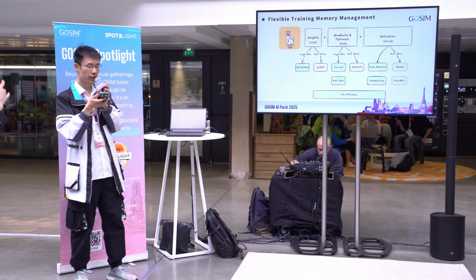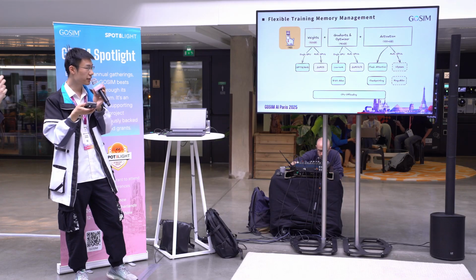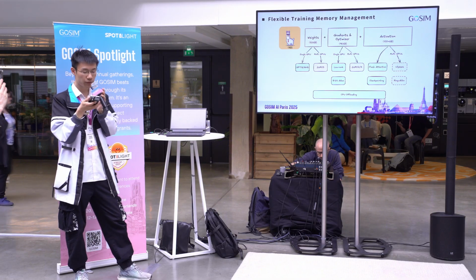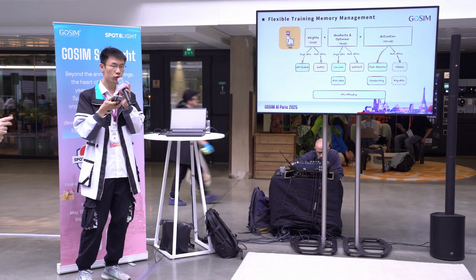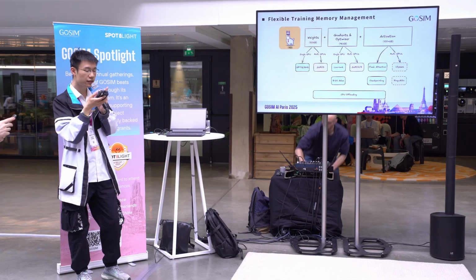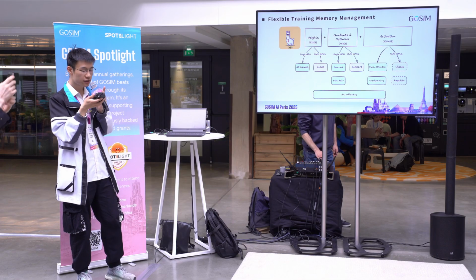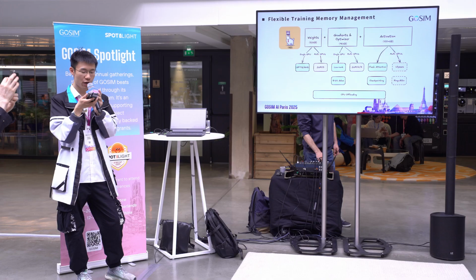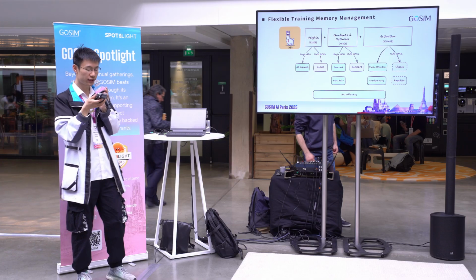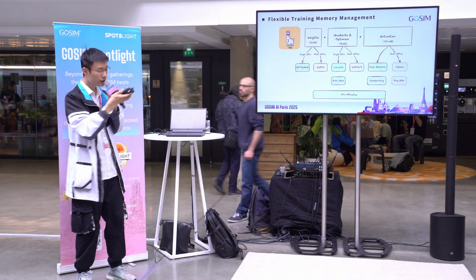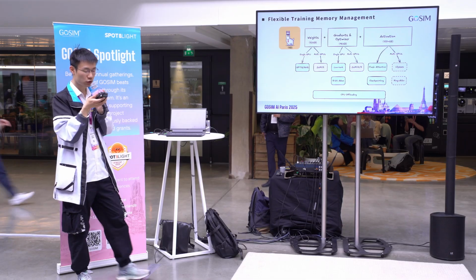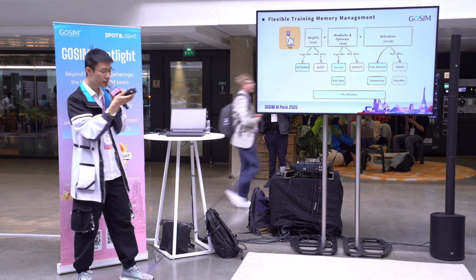Memory management during large language model training is a very challenging problem. Taking a Llama model with 8 billion parameters as an example, during the training process it requires 32 gigabytes of GPU memory to store the weights, and 96 gigabytes to store the optimizer states and gradients, and over 100 gigabytes to store the network activations.